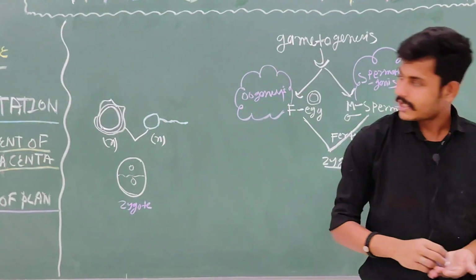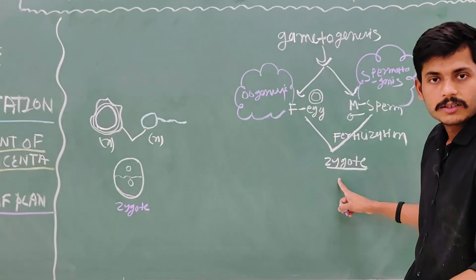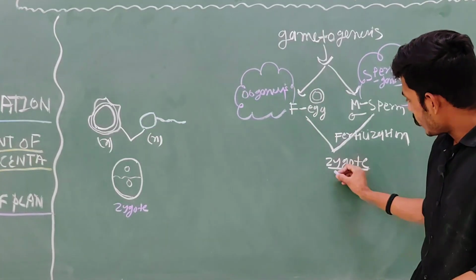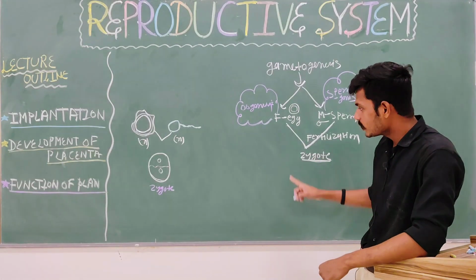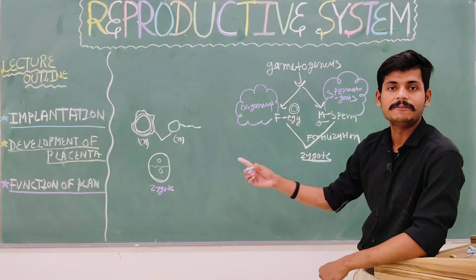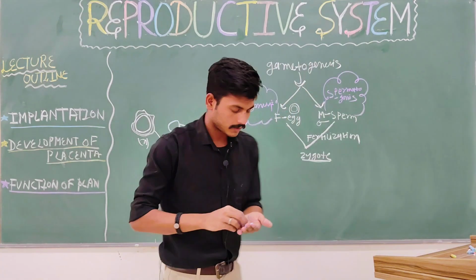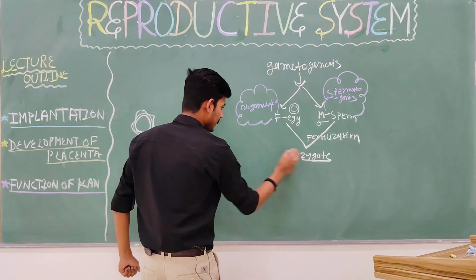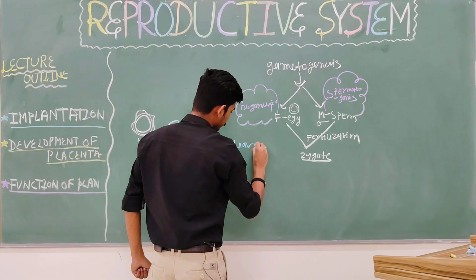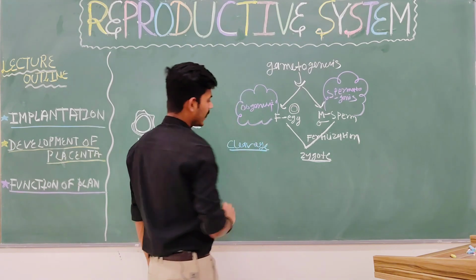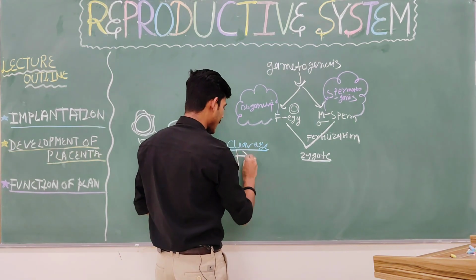Now this zygote is formed after fertilization. What is the fate of this zygote? The fate is that it undergoes successive division and differentiation. This zygote undergoes cleavage, and in cleavage two things happen.